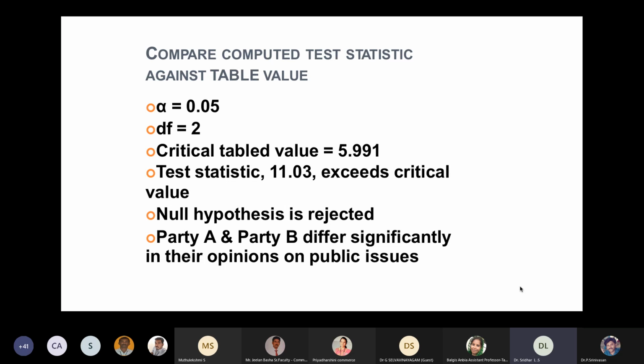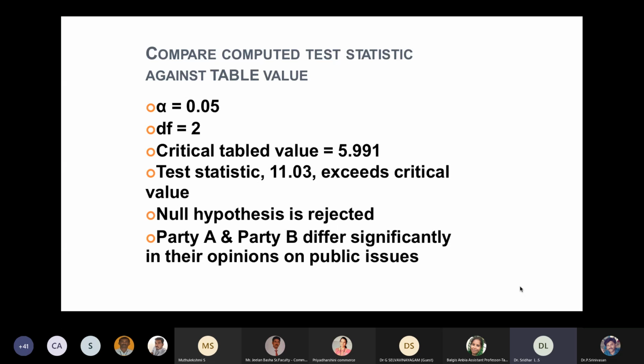This is a very powerful tool, the chi-square test. It is easy to proceed and give conclusions, and to test any hypothesis, especially in qualitative research. In qualitative research you can use the chi-square test more. This itself explains what we want: whether party A and B are different in their opinion or following the same.